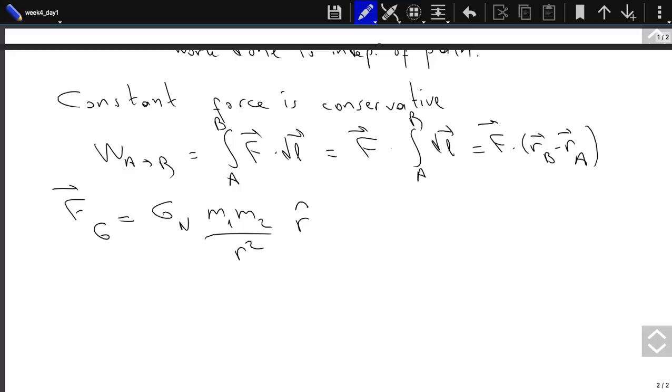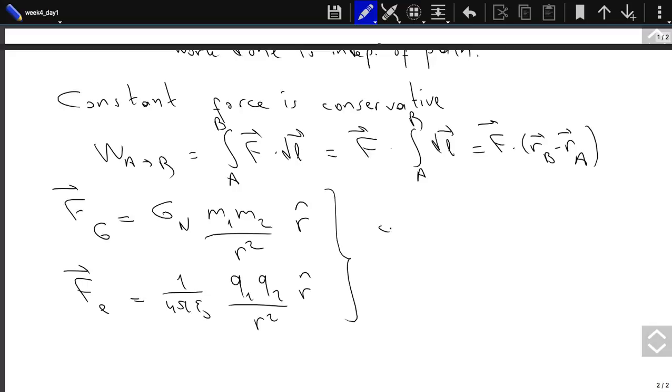But if that is conservative, so is the electric force, which is 1 over 4 pi epsilon 0, q1 q2 over r squared in the r direction. Mathematically speaking, these are identical forces. They have the same mathematical expression. So both of them are conservative forces.